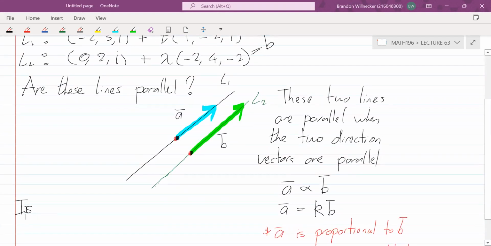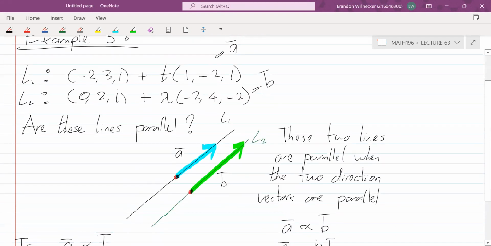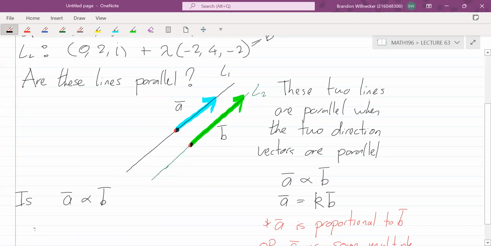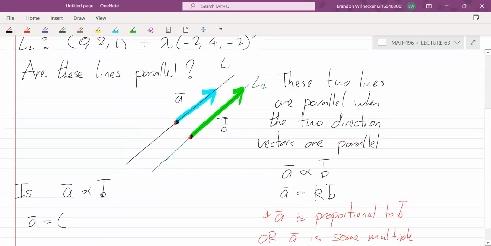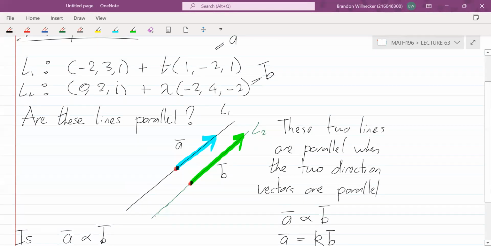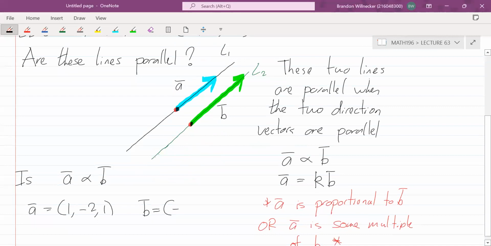Is A proportional to B? Well, we can write down A. A is (1, -2, 1). And B is (-2, 4, -2).